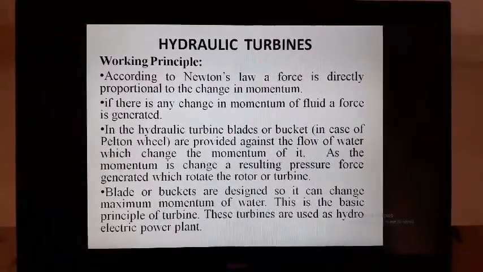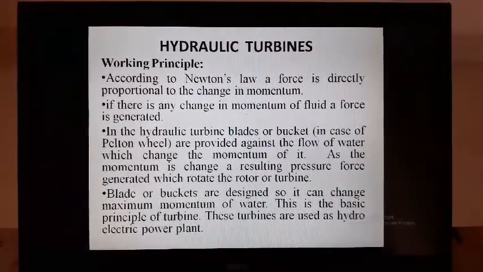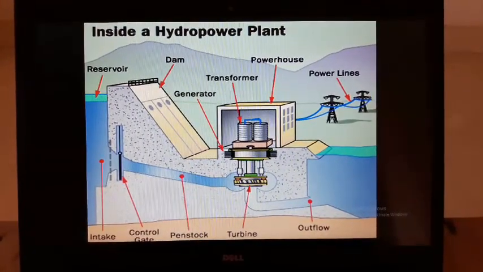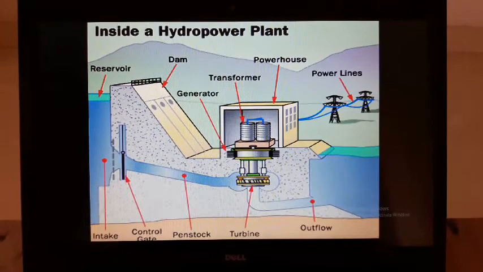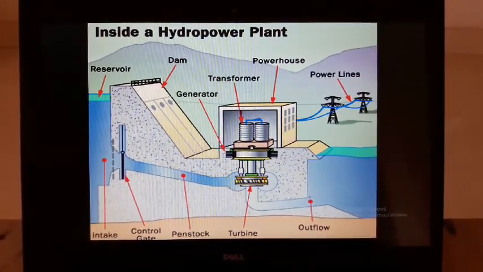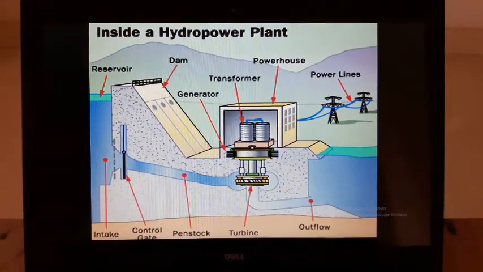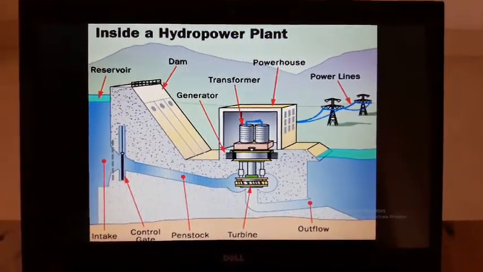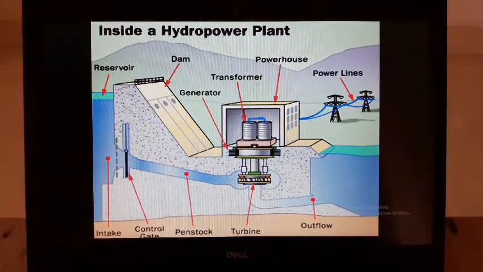These turbines are used in hydroelectric power plants. Here is the diagram which shows the various components installed at the hydropower plant. First of all, we construct a dam. Behind the dam, we store the water.